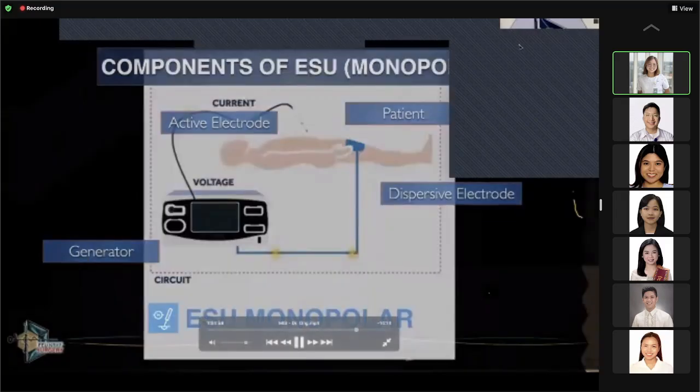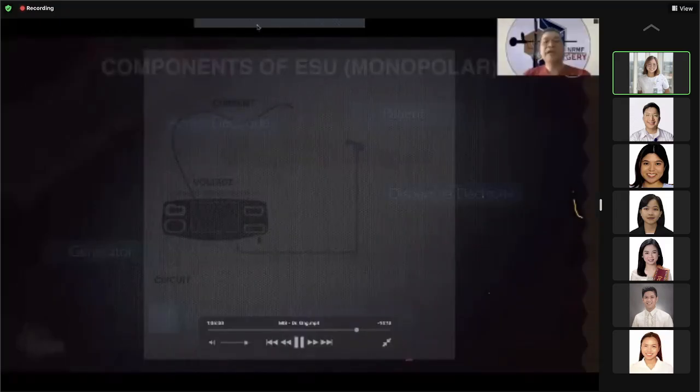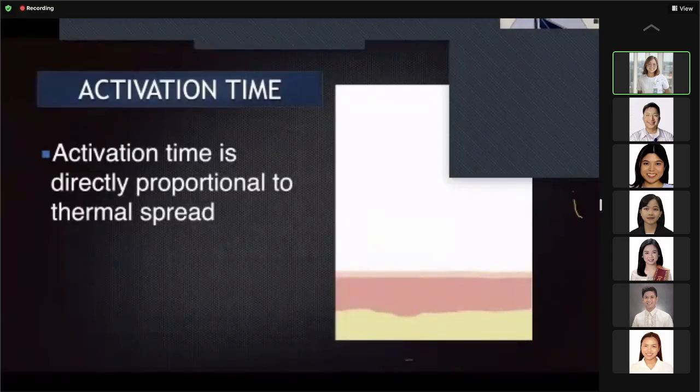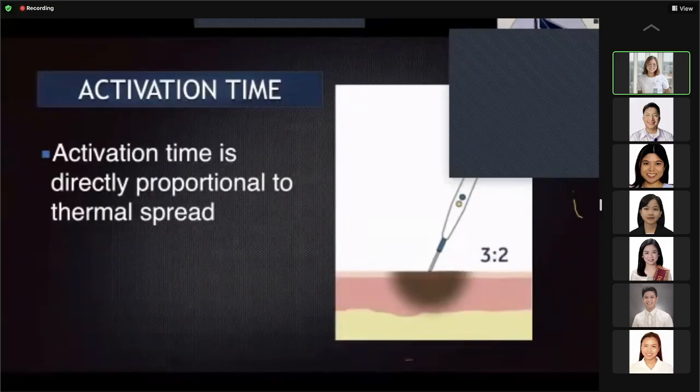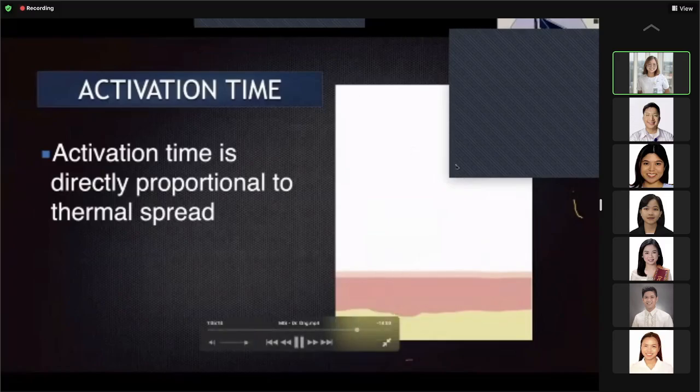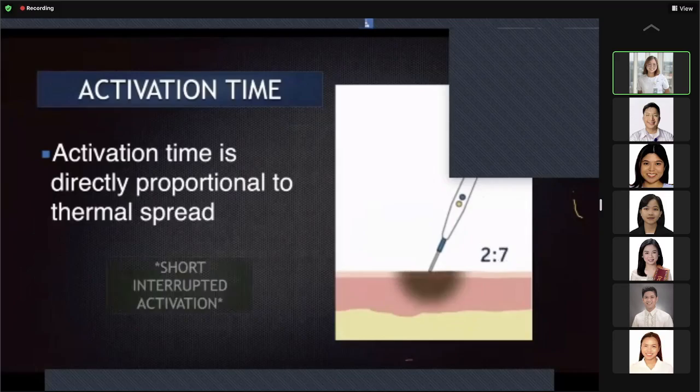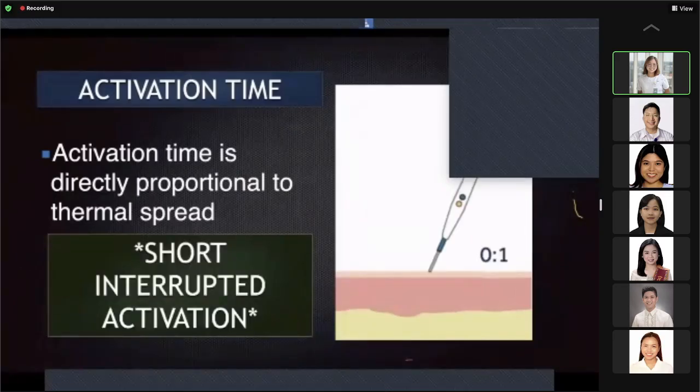So this is activation time. The longer that you activate the system, the more heat is produced and the more tissue gets burned. The temperature is only 50 to 80 degrees with 3-second intermittent activation. If you activate the pencil for longer than that, you have a higher temperature.